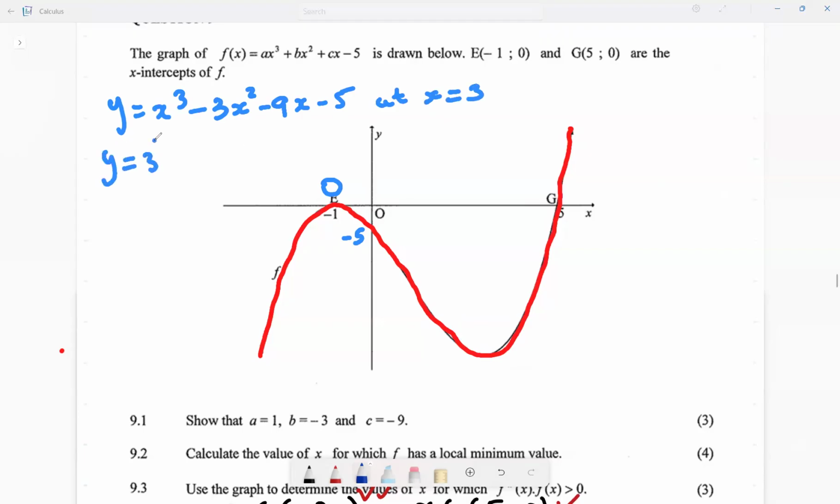So I'm going to say 3 cubed minus 3 into 3 squared minus 9 into 3 minus 5. I want to quickly get that answer, guys. I'm going to need it. Okay, let me redo it: 3 cubed minus 3 into 3 squared minus 9 into 3 minus 5. We get -32.